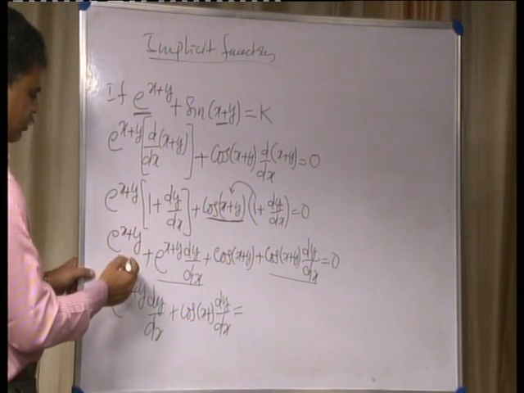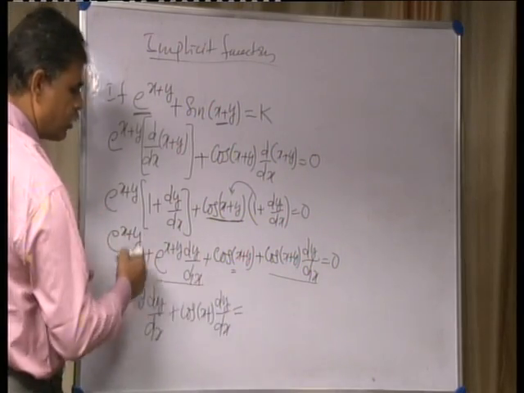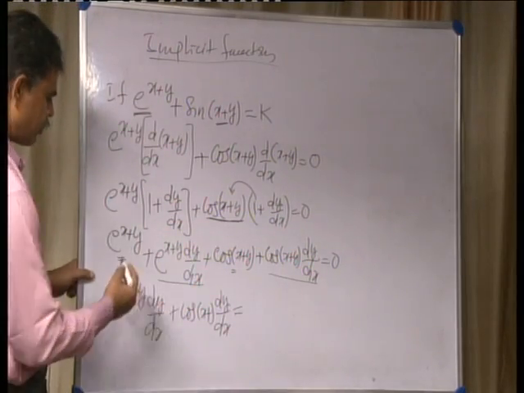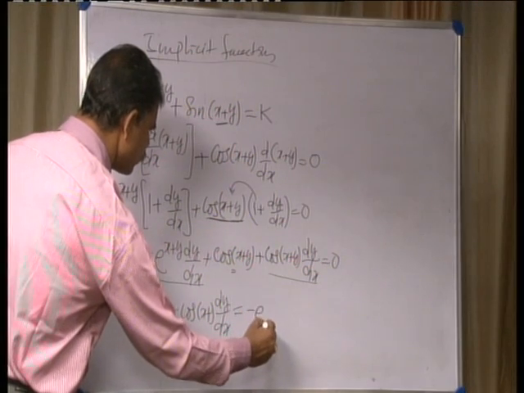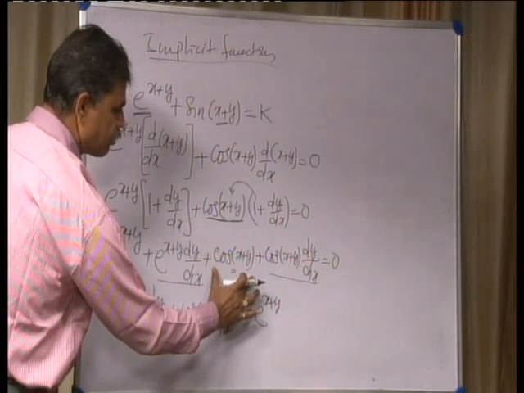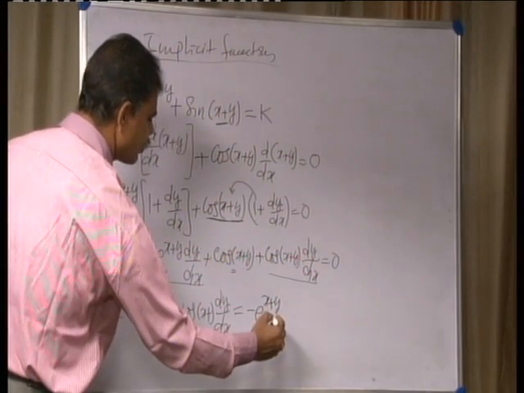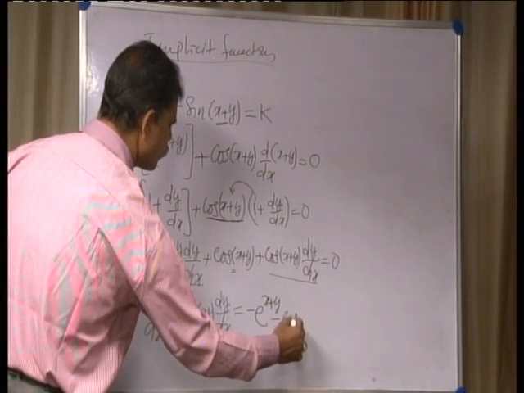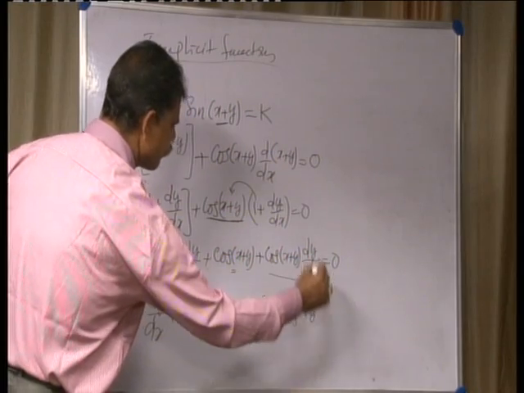This is the first term, this is the second term. Both should be transferred to the right side. So, it will become minus e to the power of x plus y. This cos is positive, when it is transferred to the other side, it will become minus cos of x plus y.